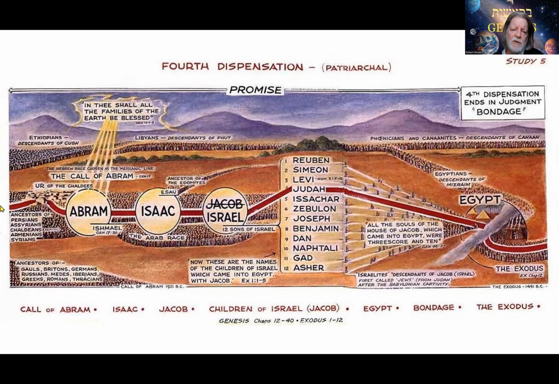In all of these charts, we track the red ribbon or the red road of salvation all the way through until the cross of Yeshua, Jesus Christ, who is the Redeemer. He is the Savior of the world. And so the red line goes through Abraham, Yitzhak, and Israel because the Messiah would come from this family tree.